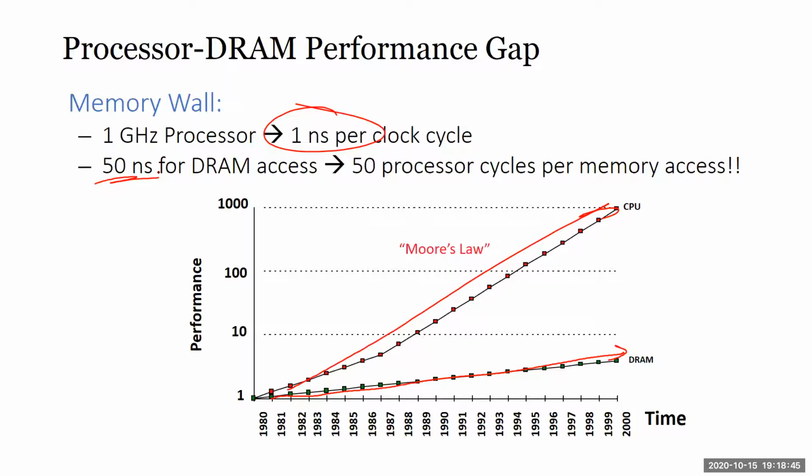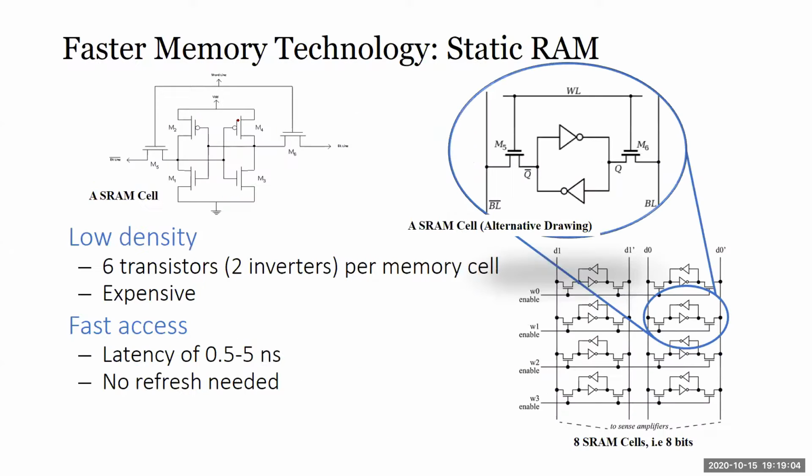If your DRAM needs 50 nanoseconds to access, it means if you want to read one byte from memory, you must wait 50 clock cycles. That means you could do 50 computations in that time. This is basically what you call the memory wall: the gap, the delay between these.